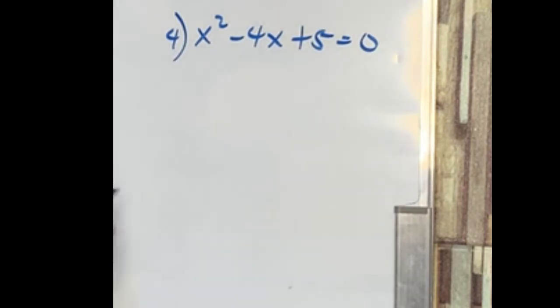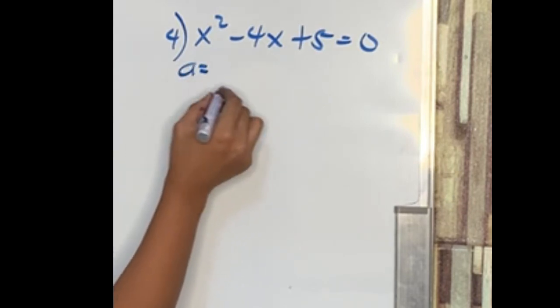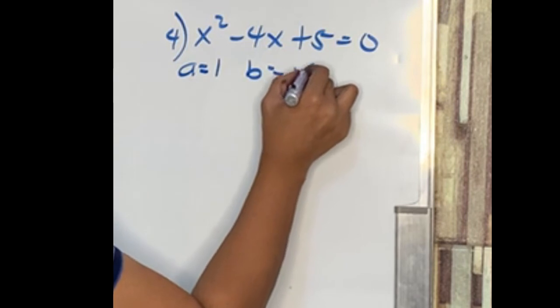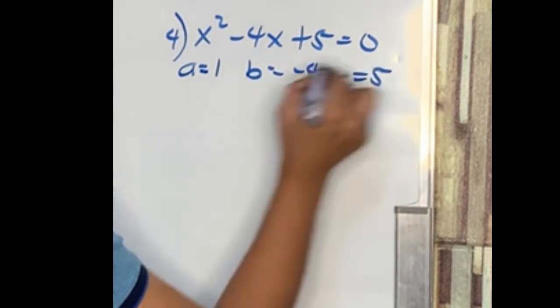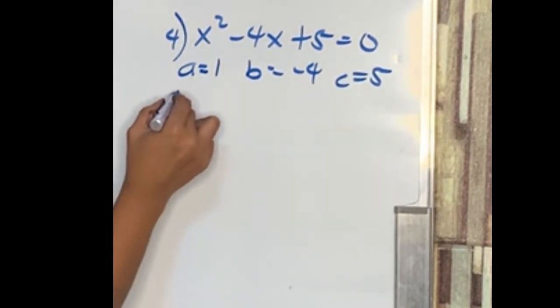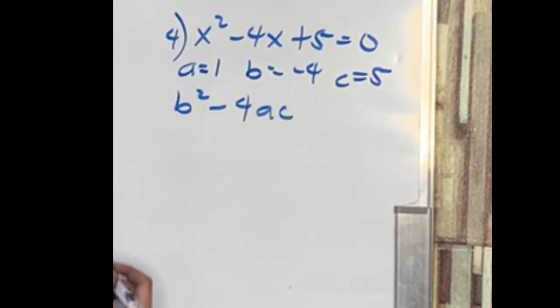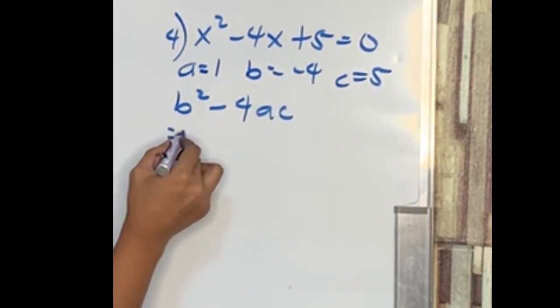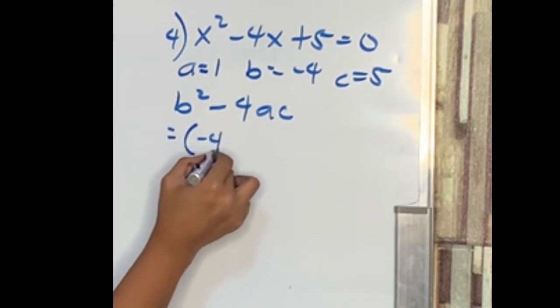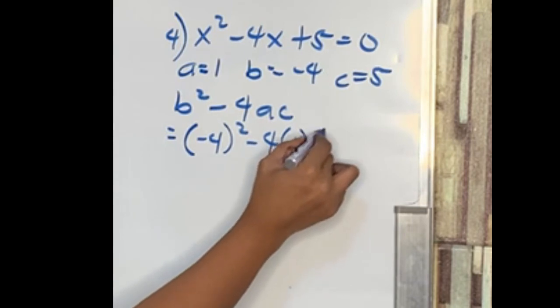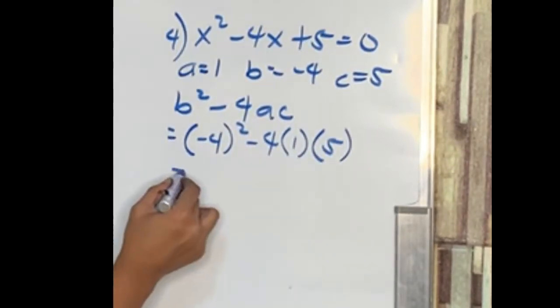Number 4. x squared minus 4x plus 5 is equal to 0. Let's get the values of a, b, and c. A is 1, b is negative 4, c is 5. Plugging into our formula, b squared minus 4ac, we will have negative 4 raised to 2 minus 4 times 1 times 5.